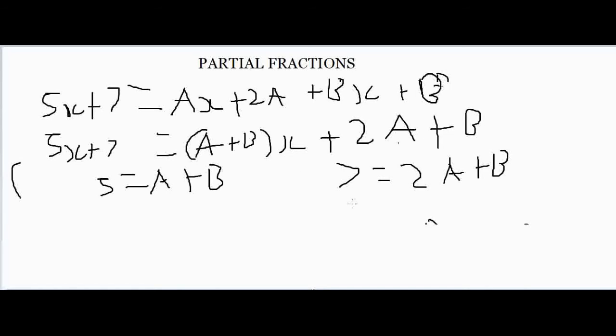And from here we can actually solve this in a simultaneous way. As you can see, we'll have a simultaneous equation, and so we can go ahead and solve it like a simultaneous.